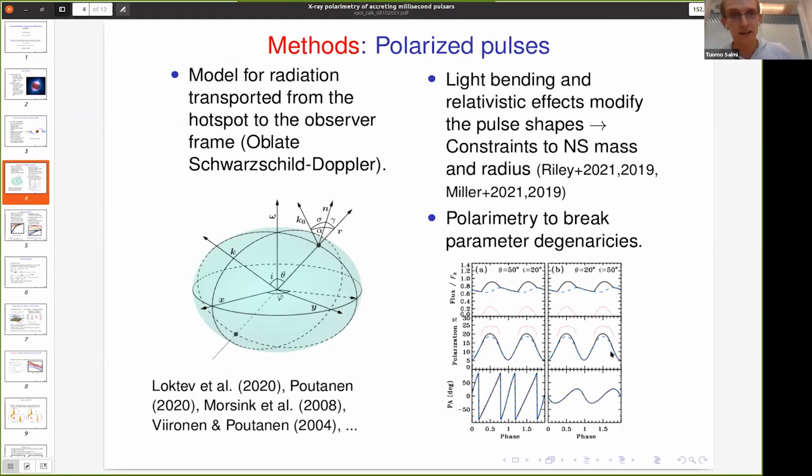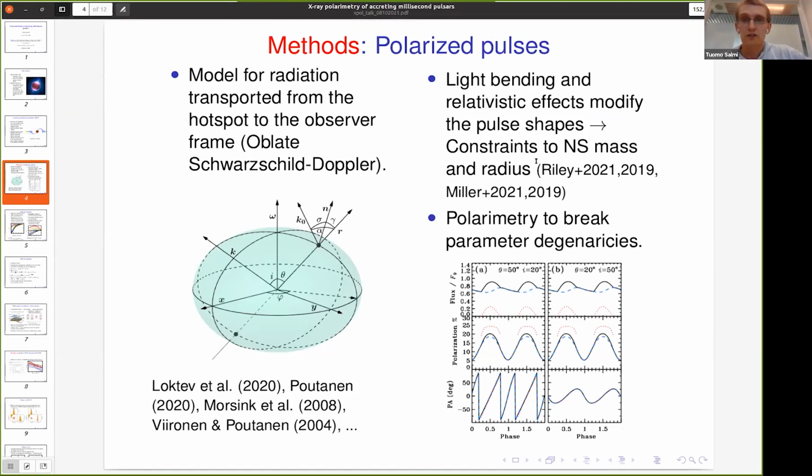The main technique is, of course, pulse profile modeling, which has been developed over multiple years, almost a few decades already, and recently it has also been nicely used to constrain neutron star mass and radius for rotation-powered millisecond pulsars using NICER observations, from Riley and Miller for two different pulsars.